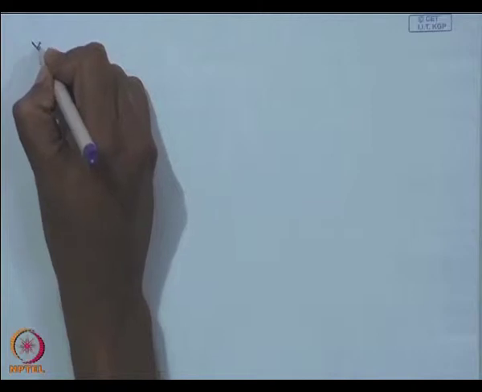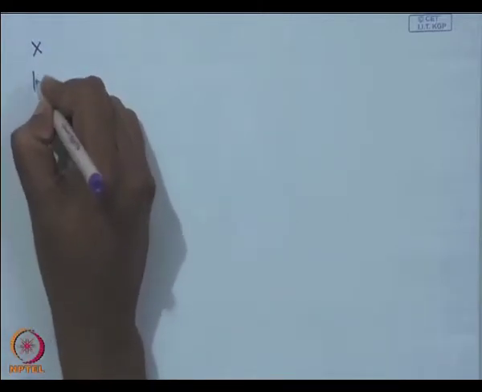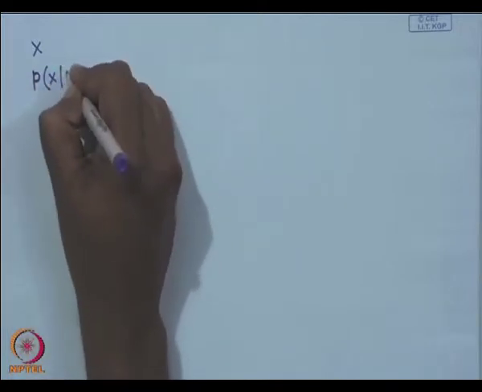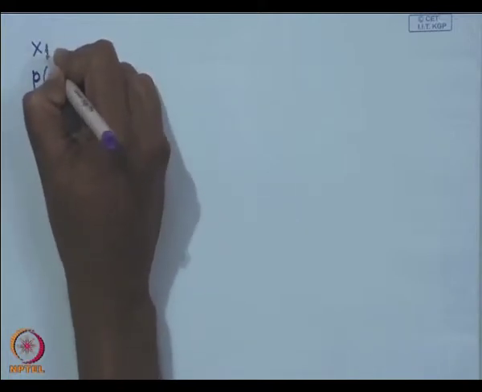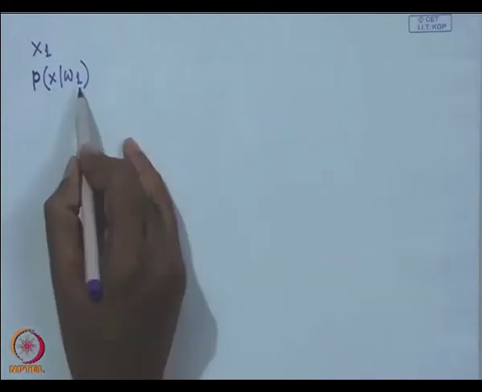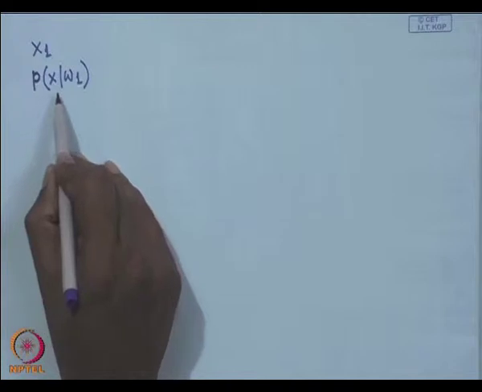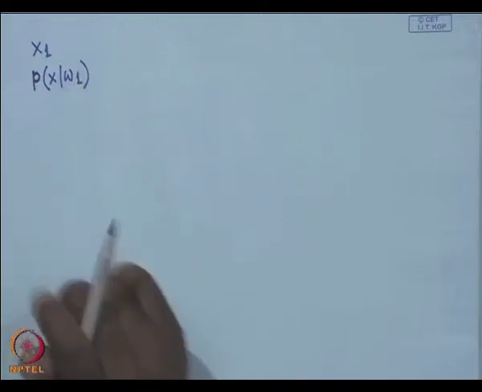Or in other words, we have this unknown feature vector, say x 1, and I have the class conditional probability density function p of x given omega 1, that is, the probability density function of the samples which belong to class omega 1.